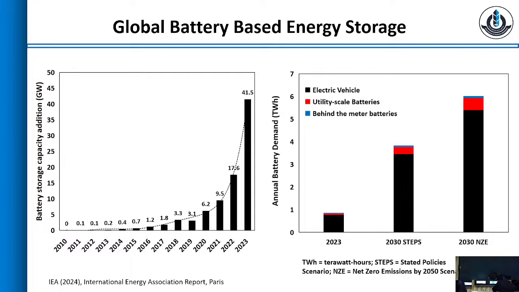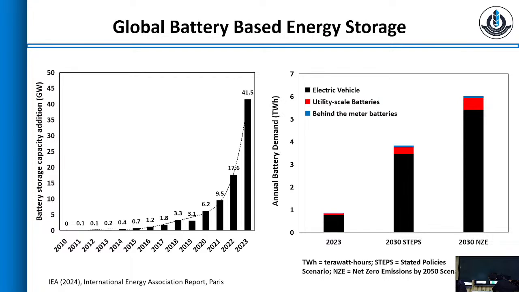But if you look at recent trends, from 2020 to 2023 and onwards, the usage of battery as an energy storage is increasing significantly. It is taking an exponential growth. Still, this is a small fraction of the total energy storage, but the trend is growing exponentially. Basically, this is battery storage capacity addition in terms of gigawatt annually.